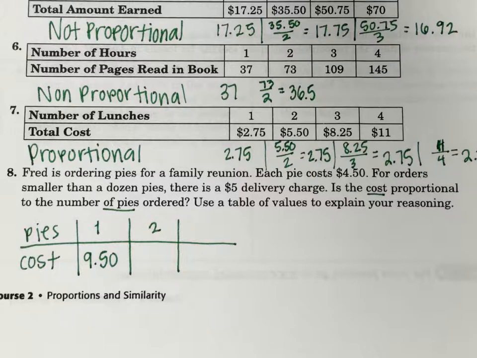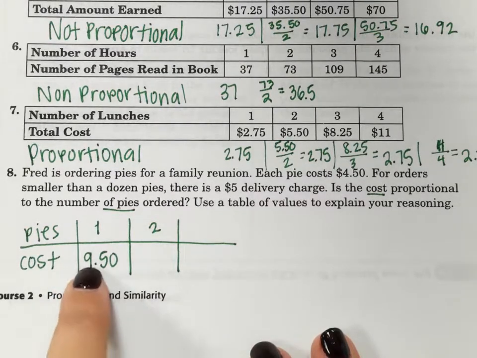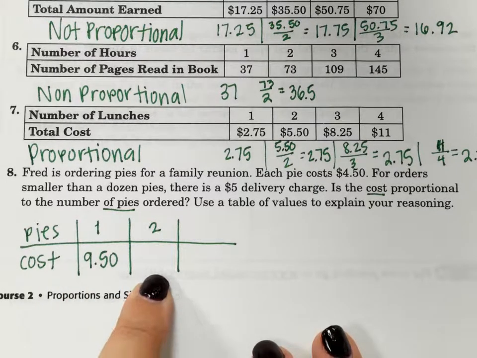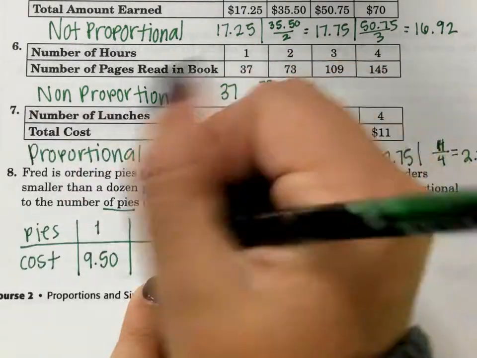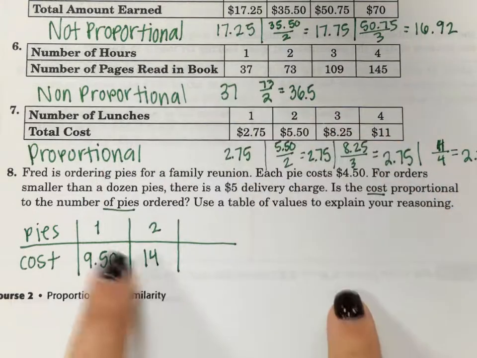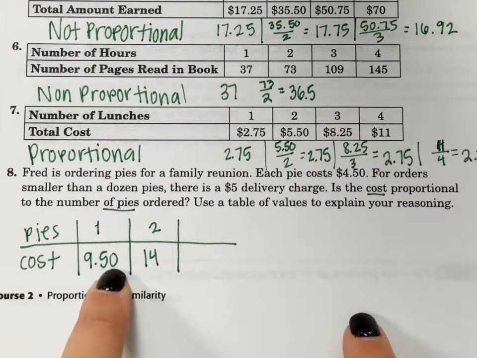I'm just paying $5 one time for them to deliver it for me. Okay. So after you already pay that $5 for that first pie, all you have to add is just the cost of a pie, which is $4.50. So 2 pies is just going to cost you $14. So it's $9.50 plus $4.50.